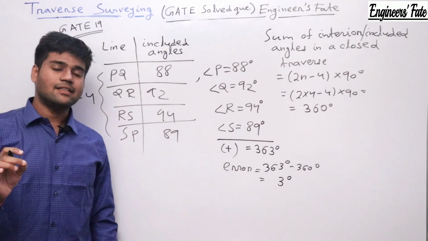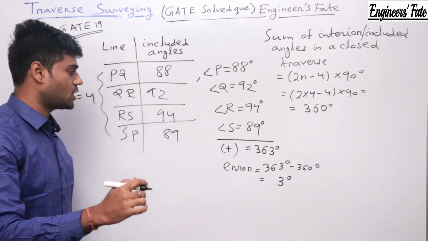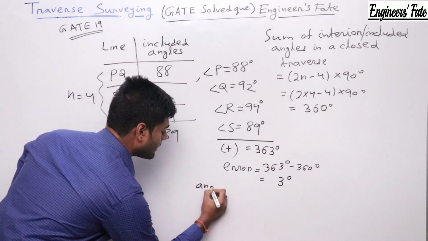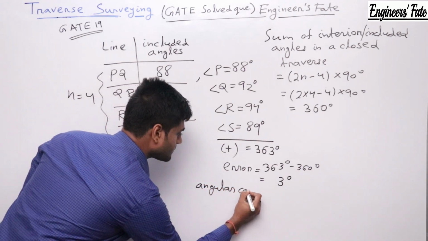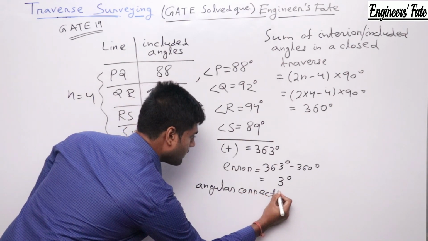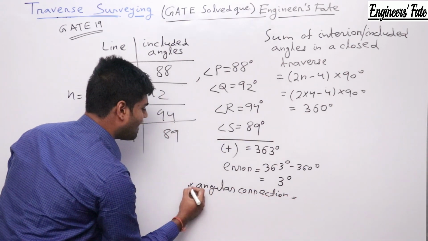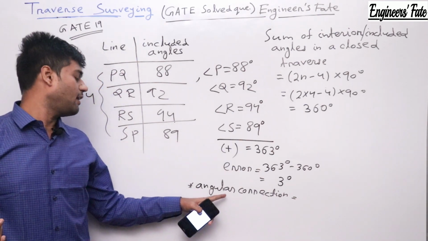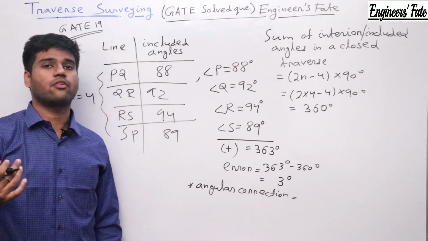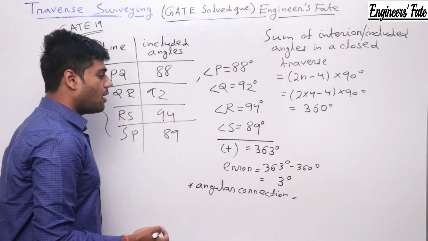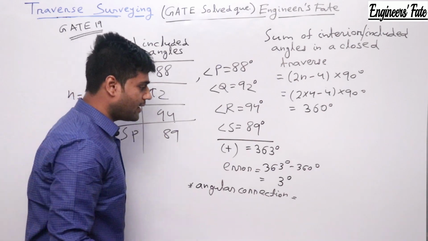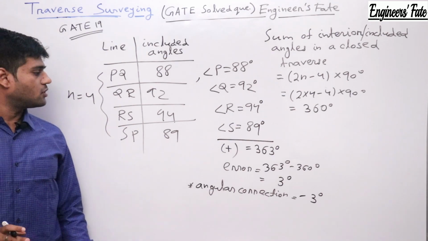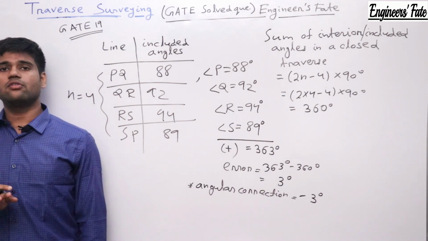But for additional information, in future he might ask what is the angular correction required for this closed traverse. The error is positive, so the correction should be negative, that is minus 3 degree. So I hope you understood this question. Please note down this thing.